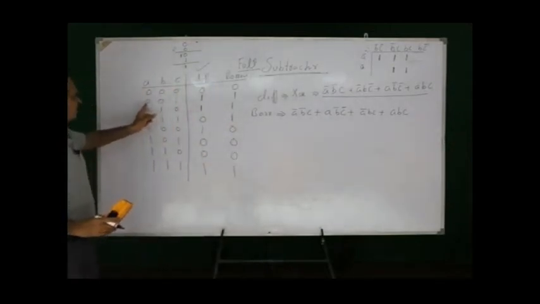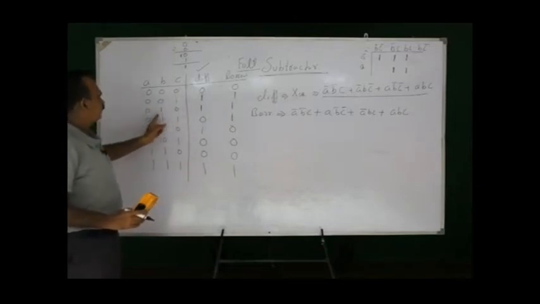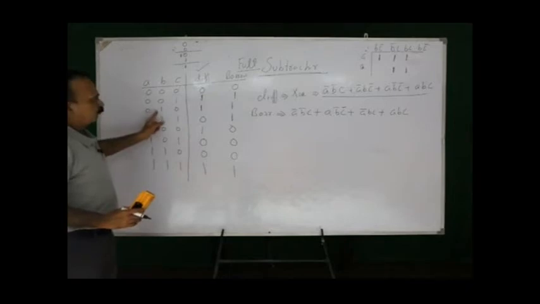So the first one is A bar, B bar, C, yes, it is there.